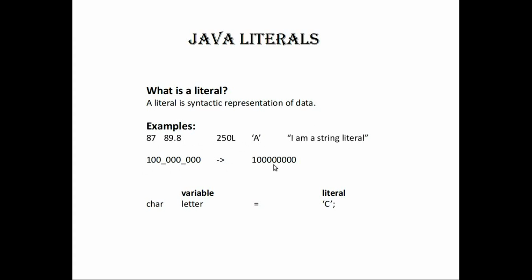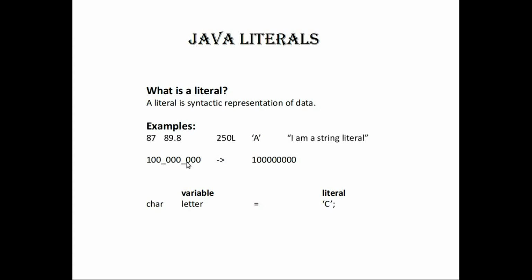Now, what I've put here, you see 100 million. It's the same as this. As of Java 7, you can actually add underscores like this for better visibility. It's difficult to read this when it's so jammed up, but in this form, normally if we were writing it down, we would use commas to separate.